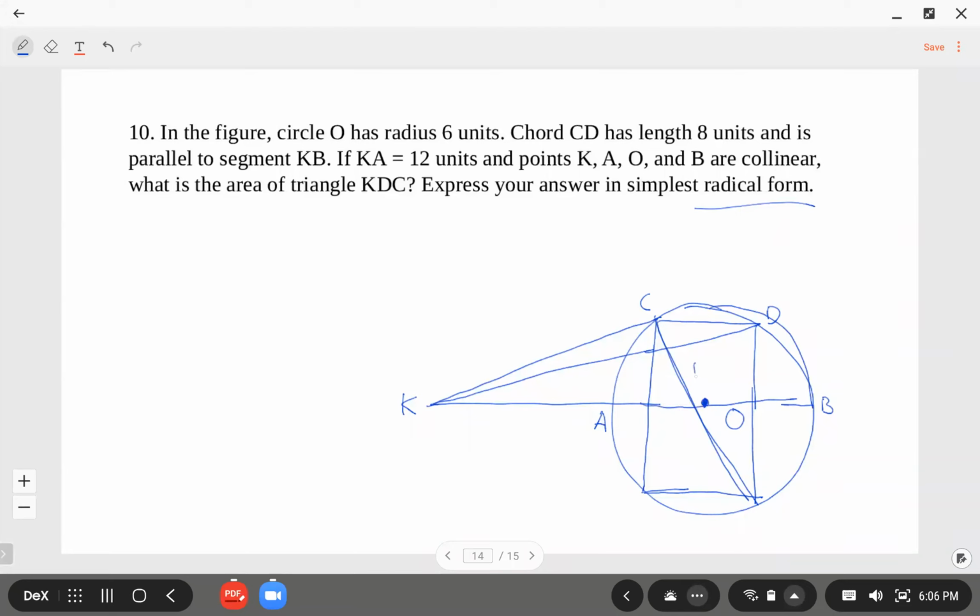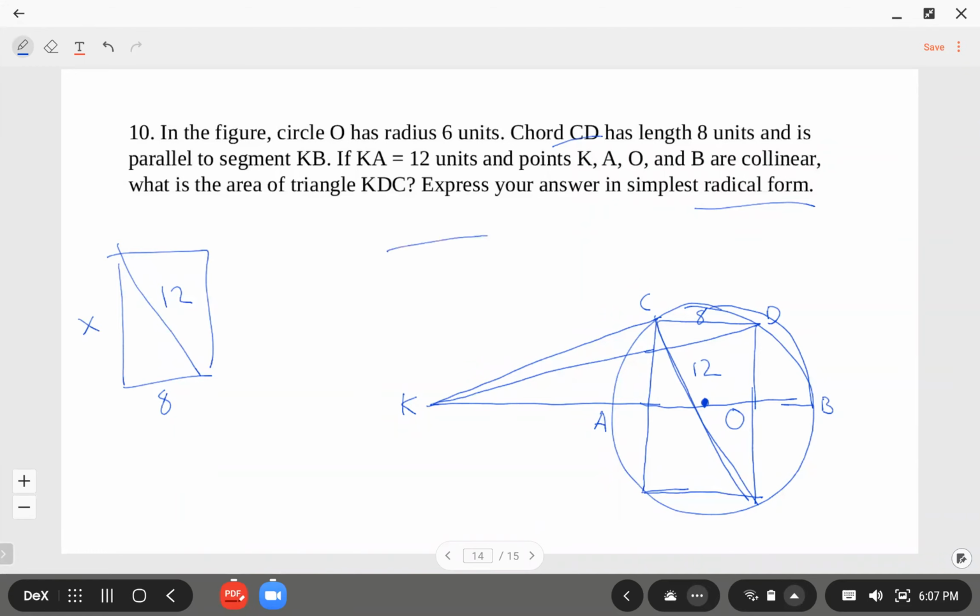The diameter is 12, and what do we have here? CD. Okay, it says CD is 8. So we have a rectangle, 12 by 8. Using the Pythagorean theorem, we can get the other side, which is x. And why do we need that side?